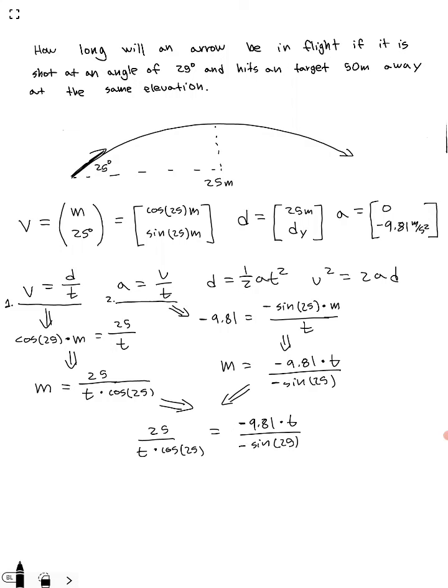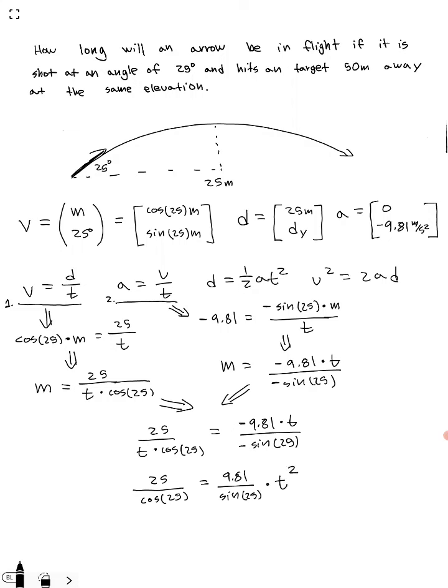And to go on from here, we're going to move this t to the other side. Then we're going to have 25 over cos 25 equals, the negatives over here cancel out, so it's going to be 9.81 over sine 25 times t squared.